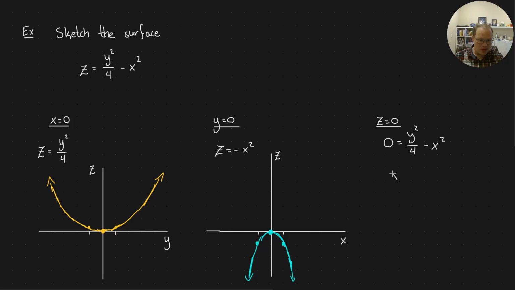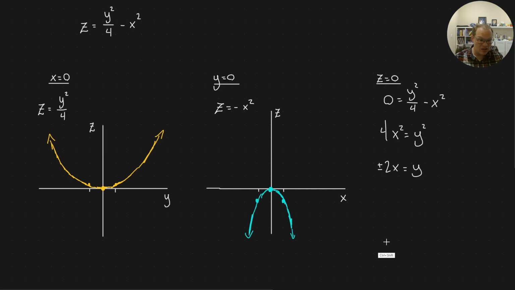If I move the x squared over, and let's move the 4 over also. So I add the x squared over to multiply the 4 to the other side. I get y squared equals 4x squared. Square root of both sides, y is equal to plus or minus 2x. Okay, so I actually get 2 lines.